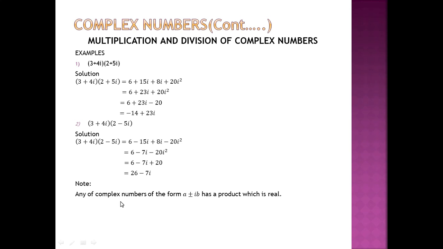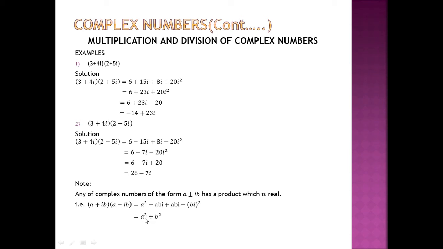Note, any complex number of the form a plus or minus ib has a product which is real. So which means when we multiply these two numbers, we have a product which is real. We can see the example below: (a plus ib) times (a minus ib) is equal to a squared minus abi plus abi minus b squared i squared.